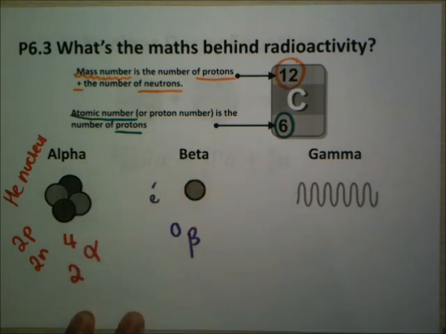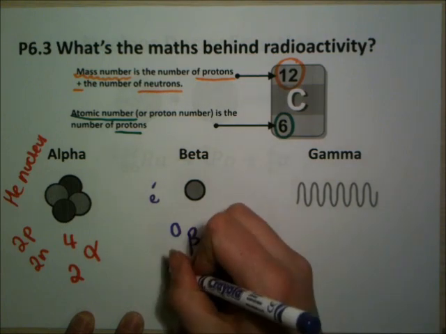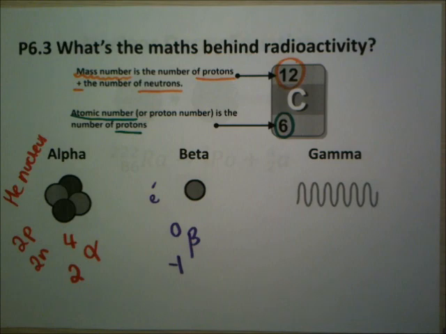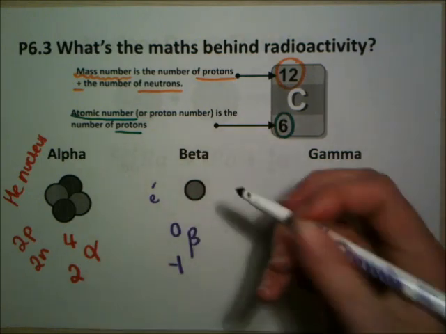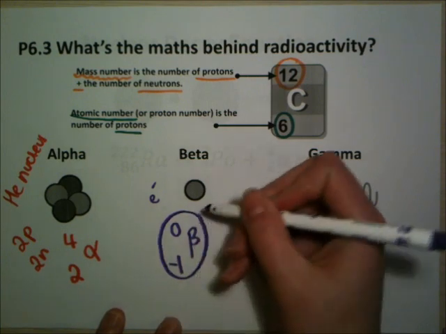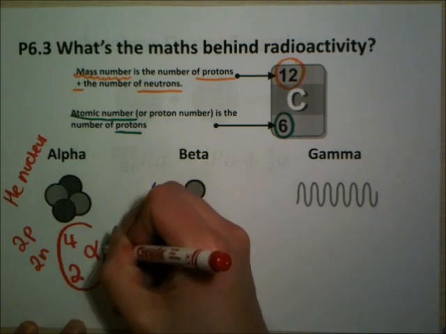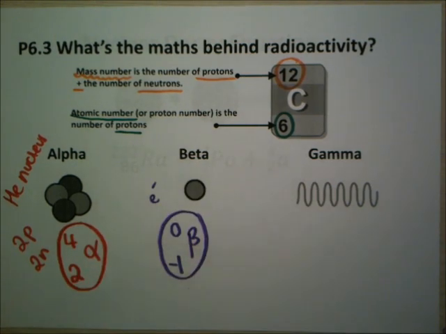It's the number of protons, and by convention, we say it's -1. We say that an electron's like a negative proton, although it really isn't, because that's something called an antiproton, but you don't need to know about that. So by convention, this is what we say for beta particles, so you just need to remember that. So alpha particles are 4 and 2, and for beta particles we say -1 because it's an electron.